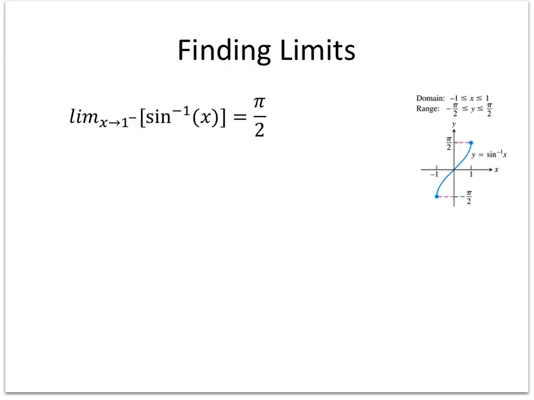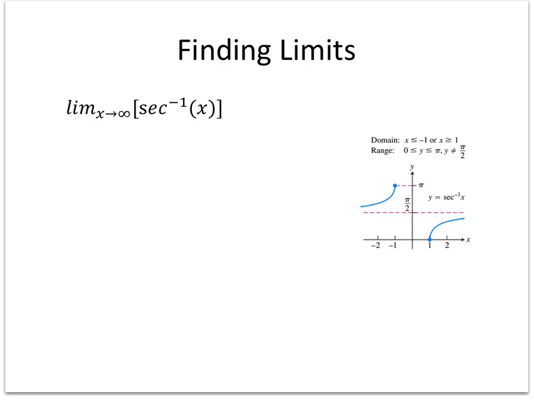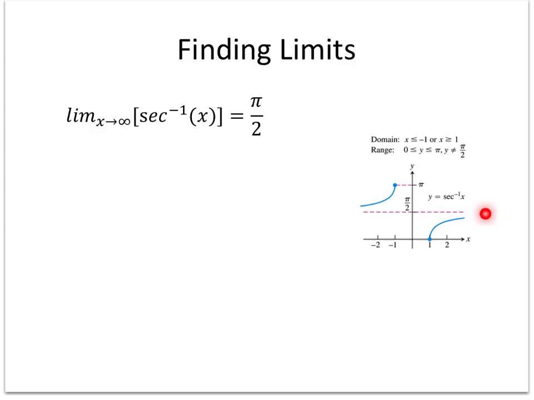It is approaching pi over 2. If you have these graphs, that's why I said I have these available to you, these are pretty easy to do. Then if I'm looking at the secant as x is heading out to infinity, what is my function doing? My function is getting closer and closer to pi over 2. And that's how you find these limits.